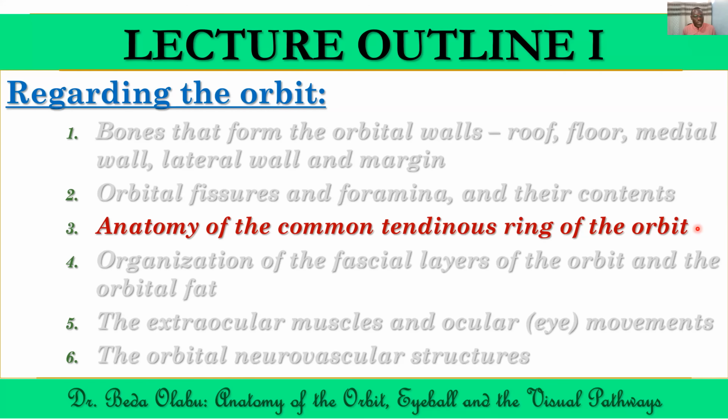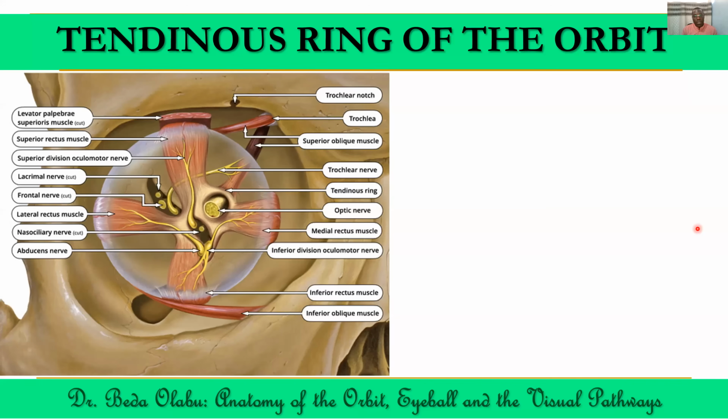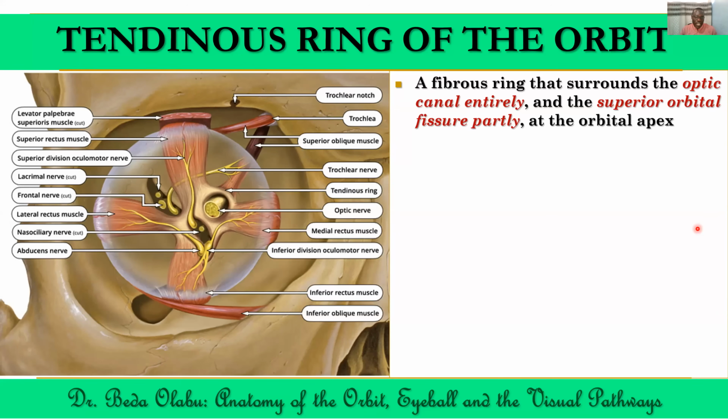Great. So I want us to now talk about the anatomy of the tendinous ring of the orbit. Consider that I told you that the tendinous ring is found around the orbital apex. So the tendinous ring is the fibrous ring that surrounds the optic canal entirely, but also surrounds the superior orbital fissure partially.